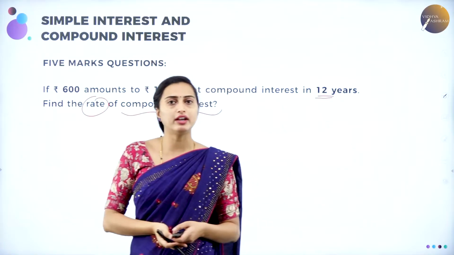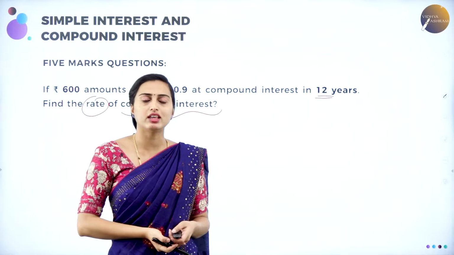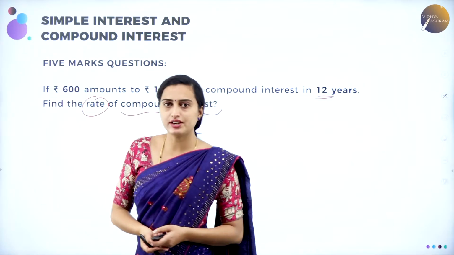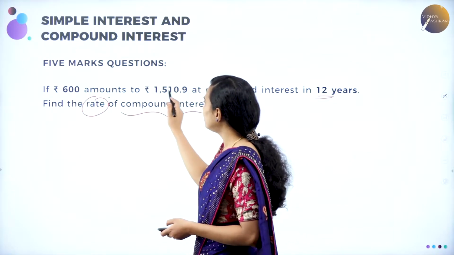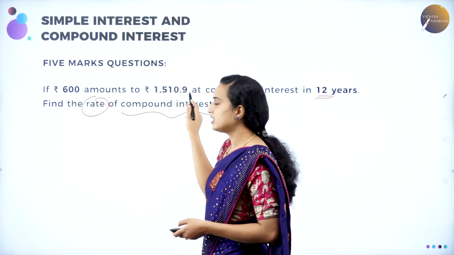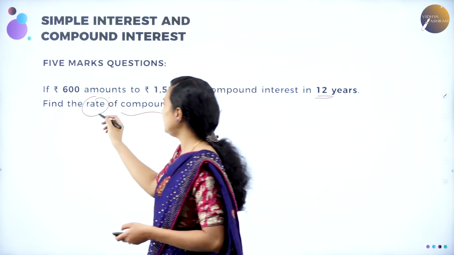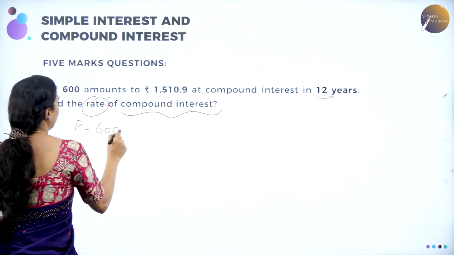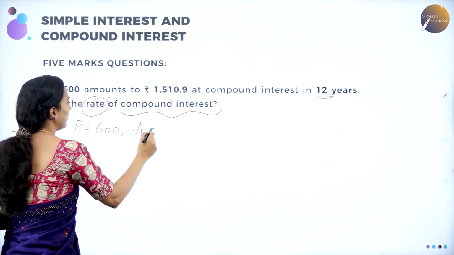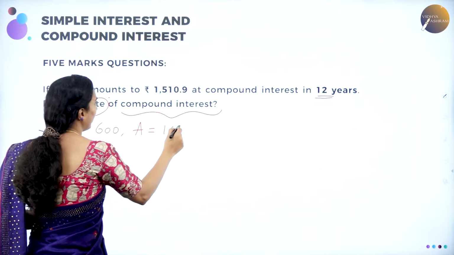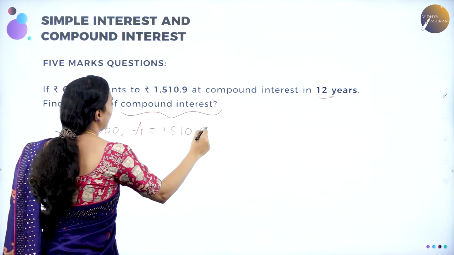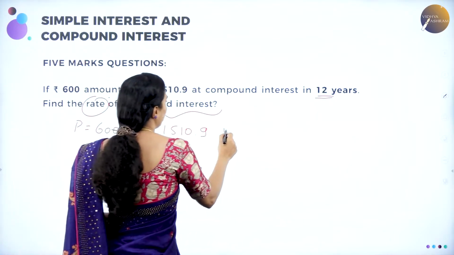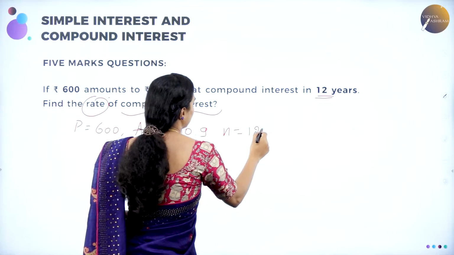They have asked you to find the rate of compound interest, which is R. What they have given here: if 600 amounts to 1510.9, therefore P is equal to 600, A is 1510.9, and N is 12 years, correct?